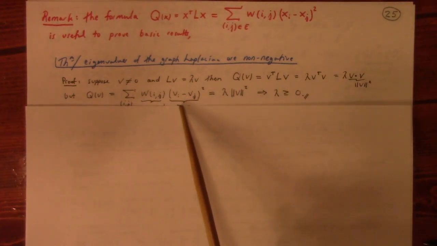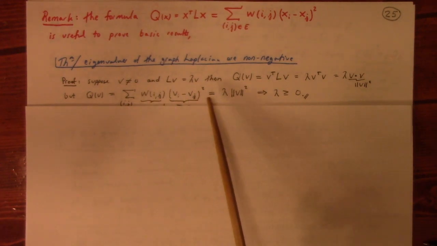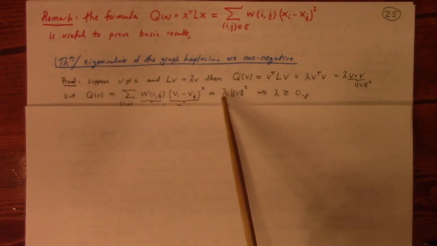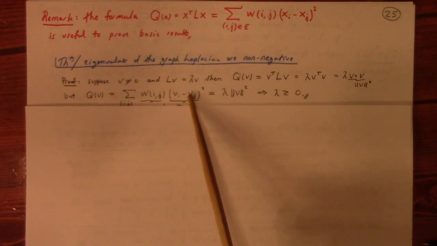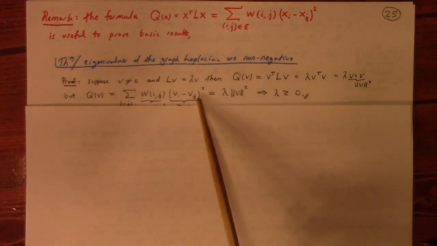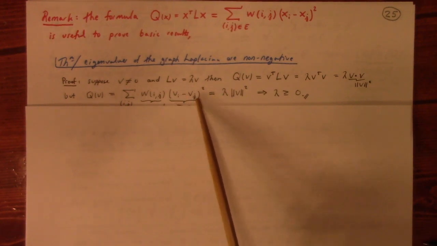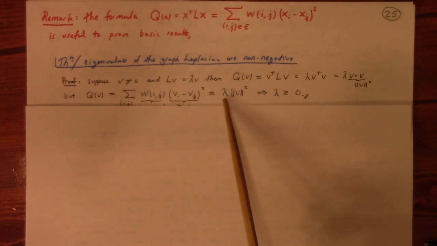So you've got this positive weighted sum of squares equal to lambda times a positive thing. The only way lambda can be zero is if these differences are all zero, which could happen if a bunch of zeros are in the vector and the adjacent ones are matching, like with the 1, 1, 1, 1, 1, 1, 1 vector, where all these differences are zero, so it allows lambda to be zero.